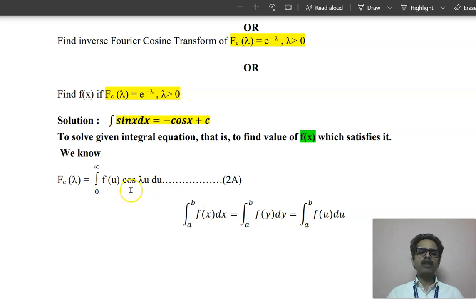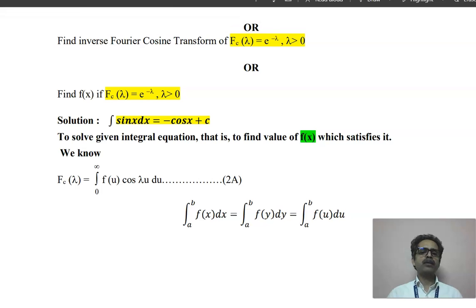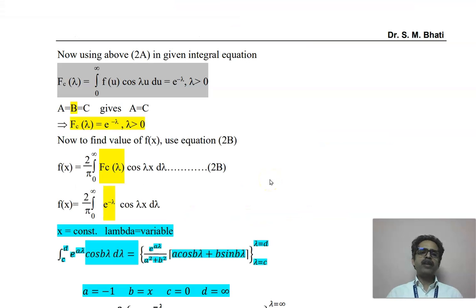So here u is the variable, you can change the variable. So you can change the variable u by x. When we change the variable u by x, you can have this, and here the variable can be changed. I said just now, and you know a equal to b equal to c implies a equal to c. So using this, we can say that fc lambda is e raised to minus lambda, lambda greater than 0.